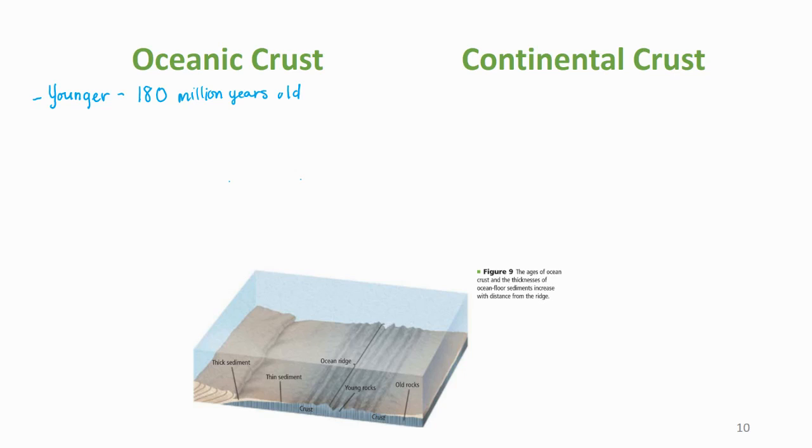What happened to the older oceanic crust? And as we wrote on the last slide, younger rocks are near the ridge, and the age consistently increases with distance from the ridge.